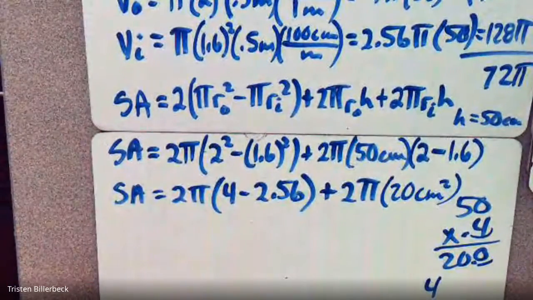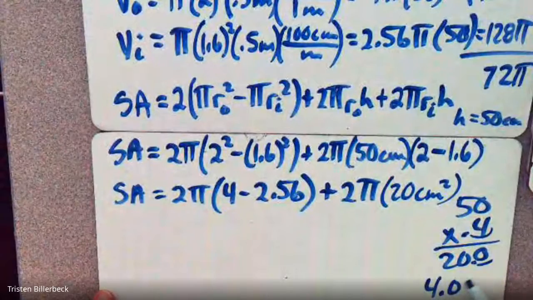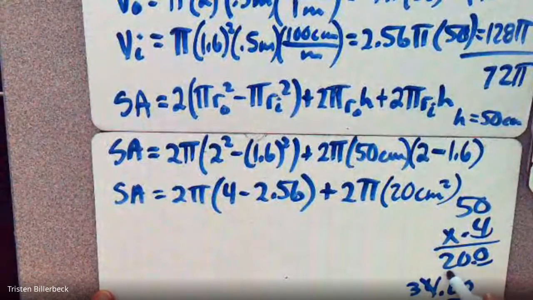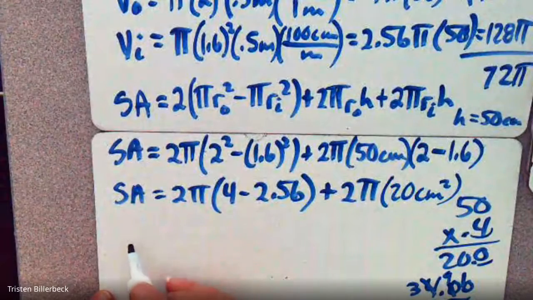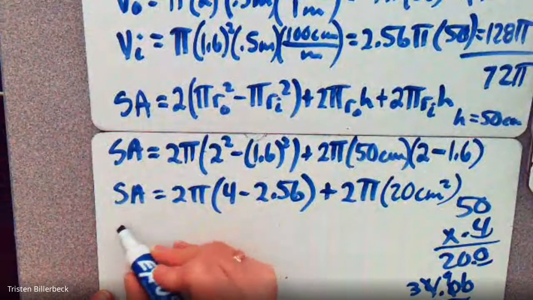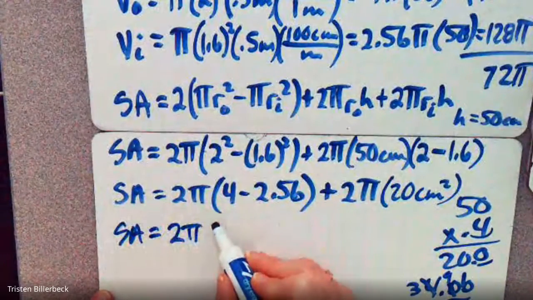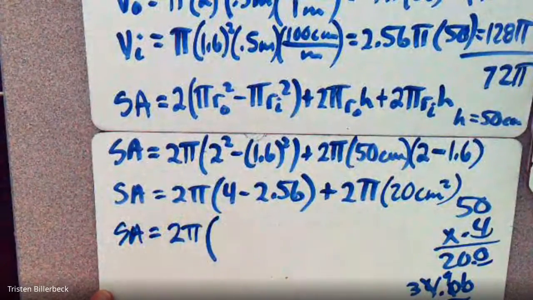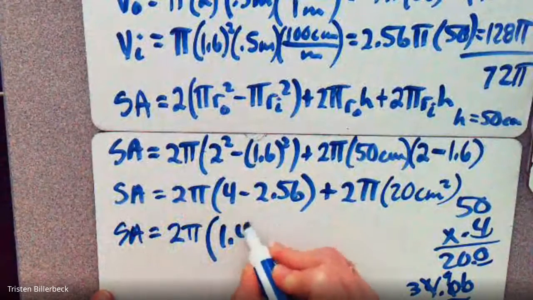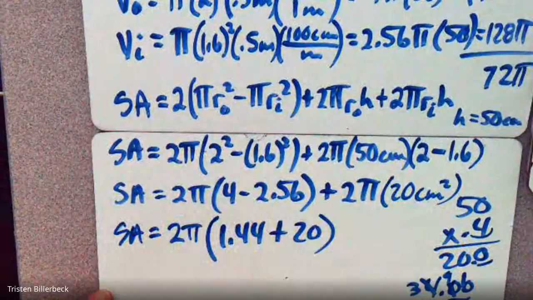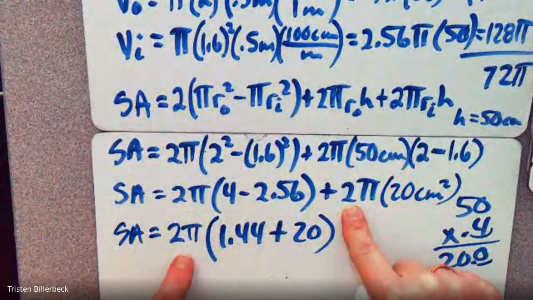Okay, so then we have 4 minus 2.56. So we carry 1 from here. We have 4, 4.1. Oh, okay. So our surface area then is 2 pi. And let's pull the 2 pi out right now. And we have 1.44 plus the 20, because they both had a 2 pi. So I pulled that out.